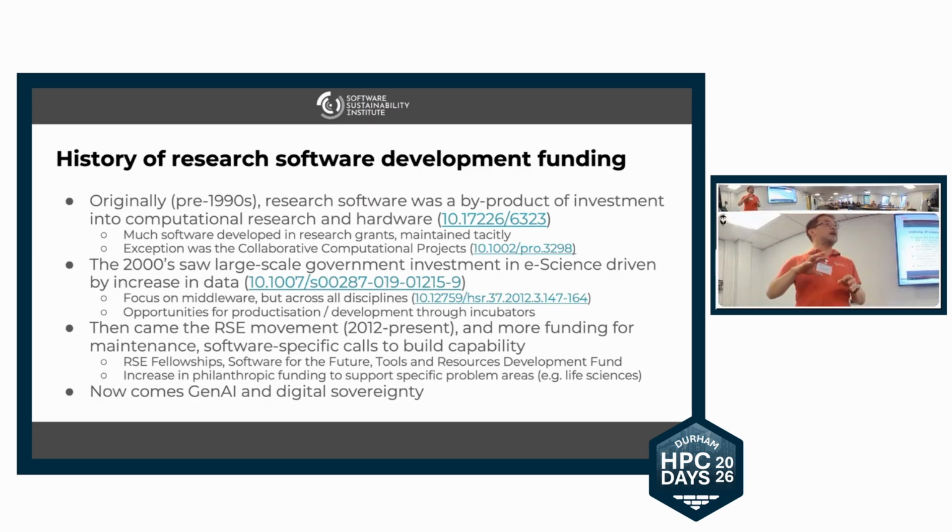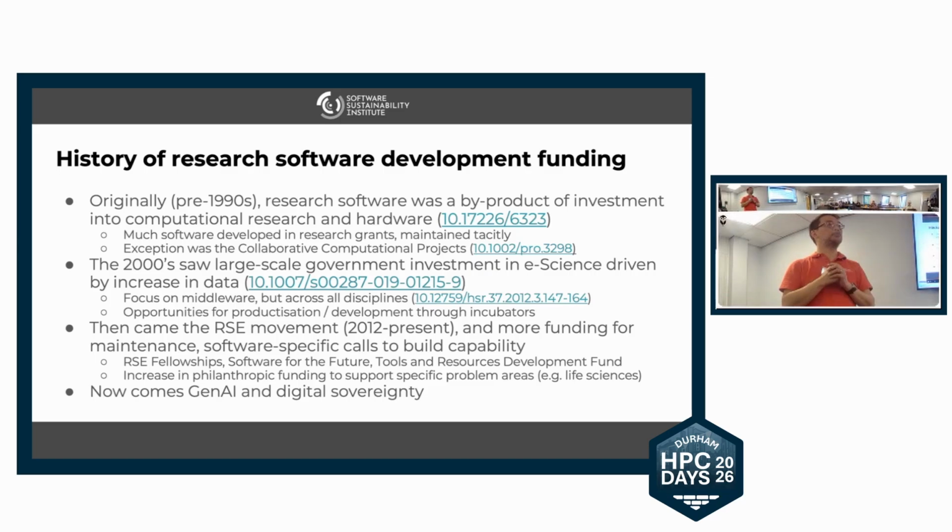I think one thing that is clear is that there have been different shifts in the way that research software has been funded as we've gone through the development of computational research. So originally, what we had was mostly research software being a byproduct investment, either in research or in computational hardware. So there was a lot of stuff that was developed on research grants.